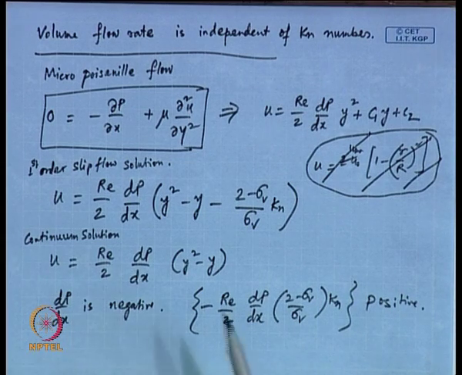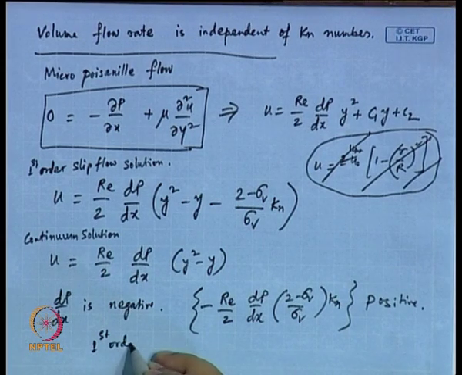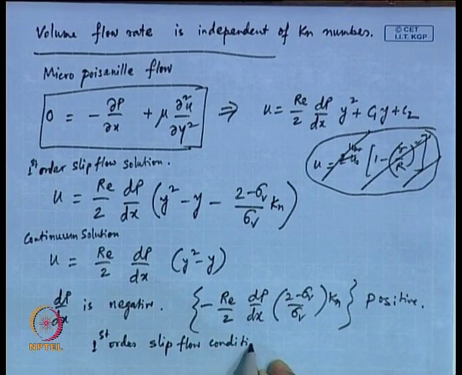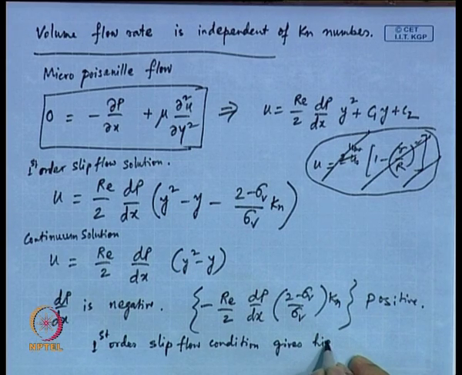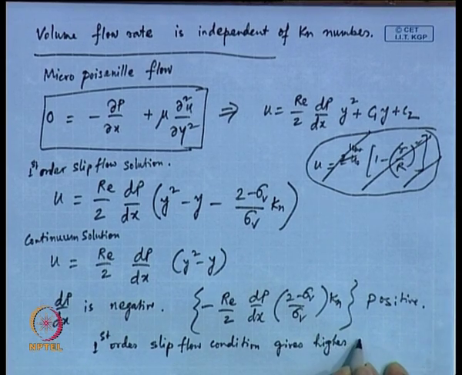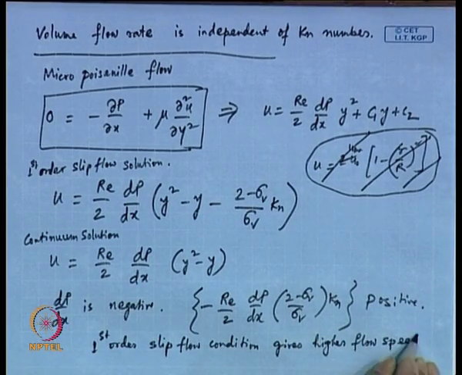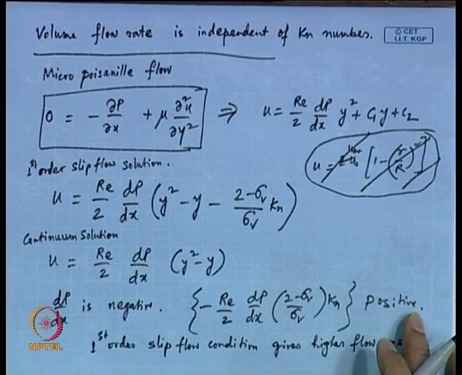That means the first order slip flow condition gives a higher flow speed. That is one conclusion you draw here.